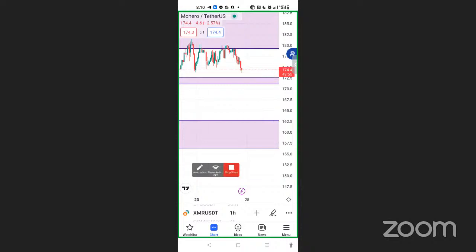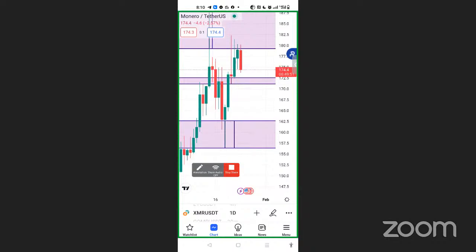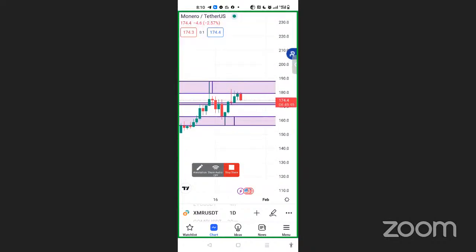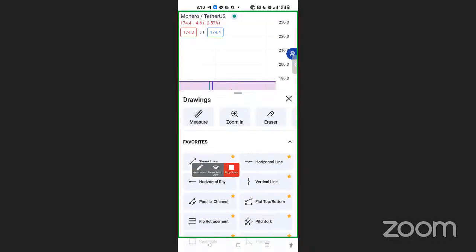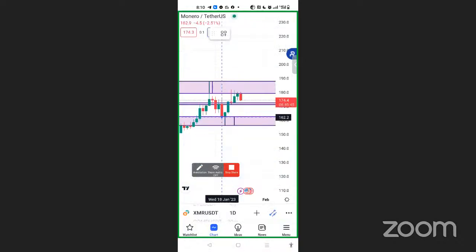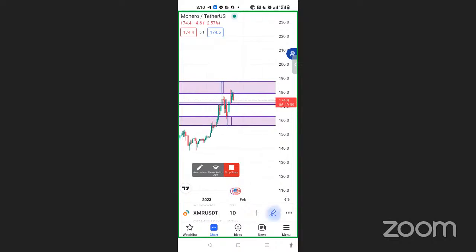But if I traded this coin with a parallel channel, so I've drawn my support and resistance areas very well, then I come, pick up a parallel channel. Just balance off my screen. It doesn't matter where I start from. I could pick it from here.